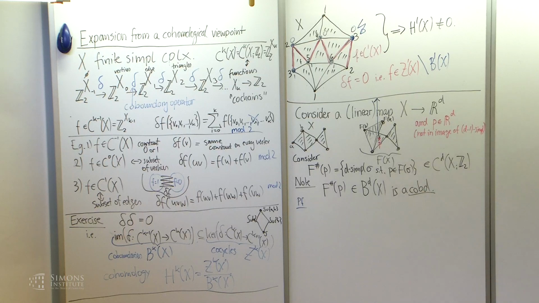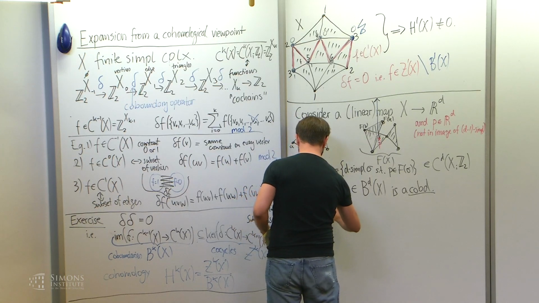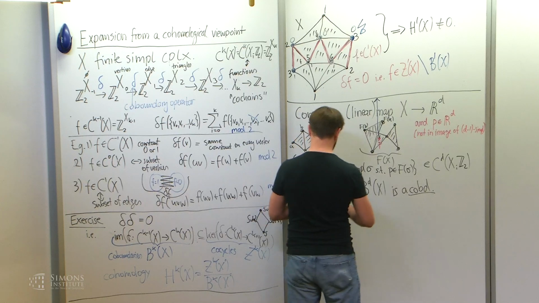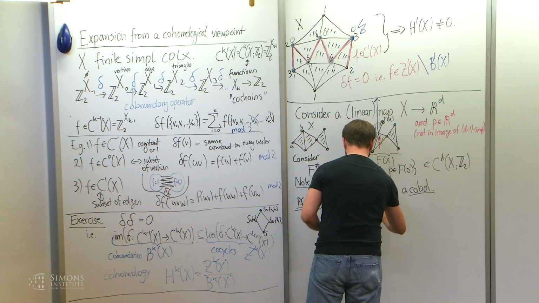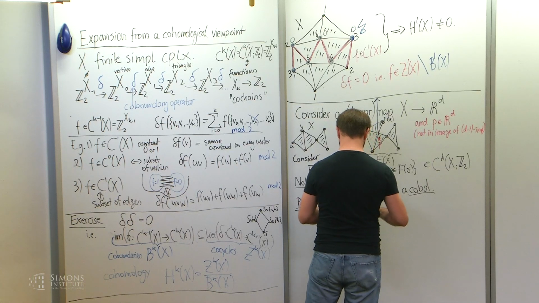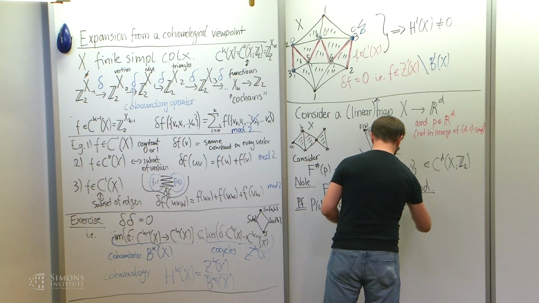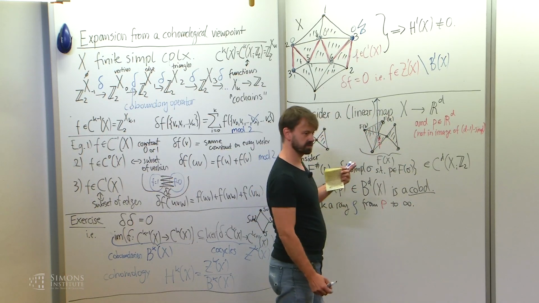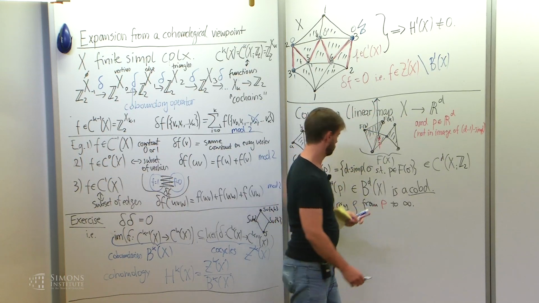Suppose again that this ray is kind of generic, meaning in the plane, I don't want it to pass through any point.